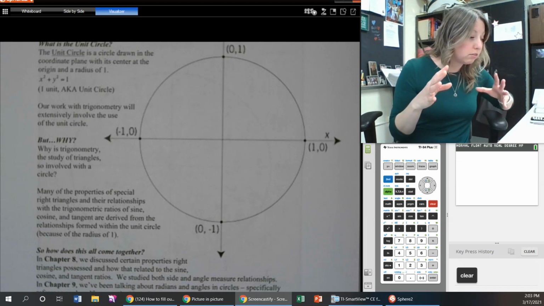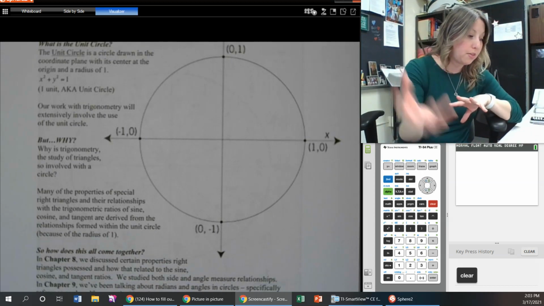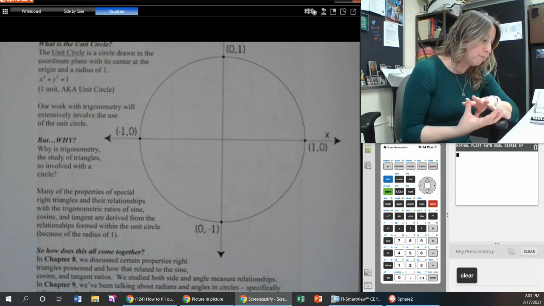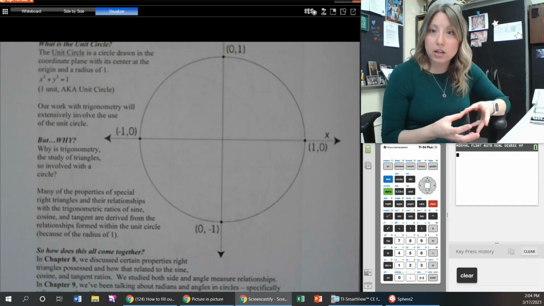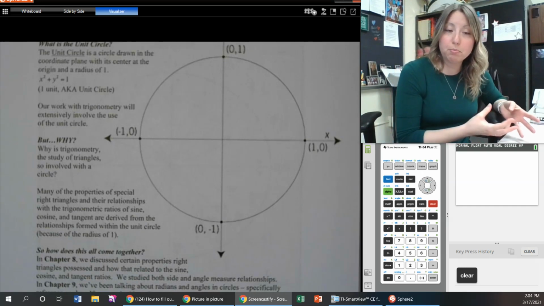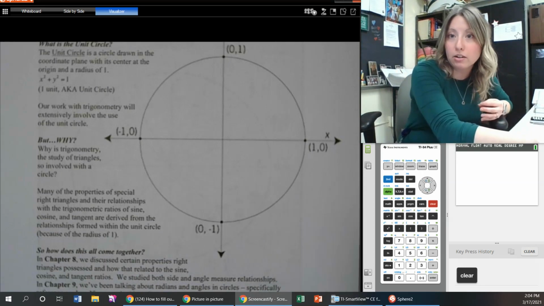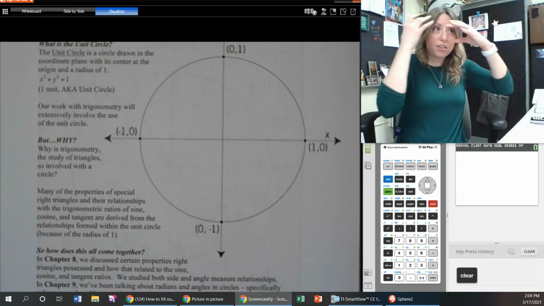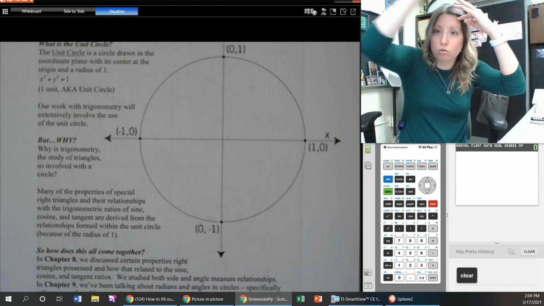So this comes together really nicely with our work from chapter 8 and then our work here in chapter 9. We're going to use this idea of angles in the coordinate plane along with the special right triangles to help us think about places around the outside of this circle.